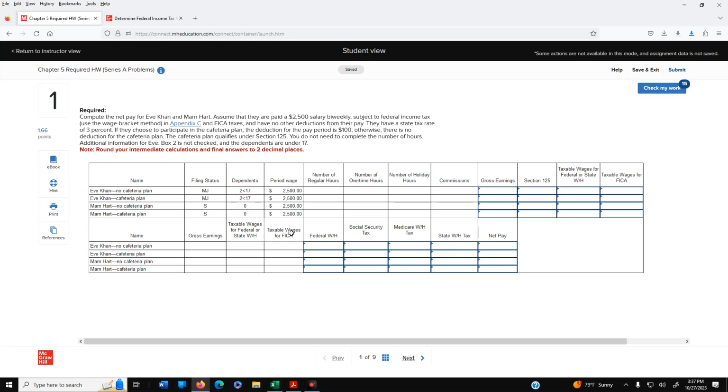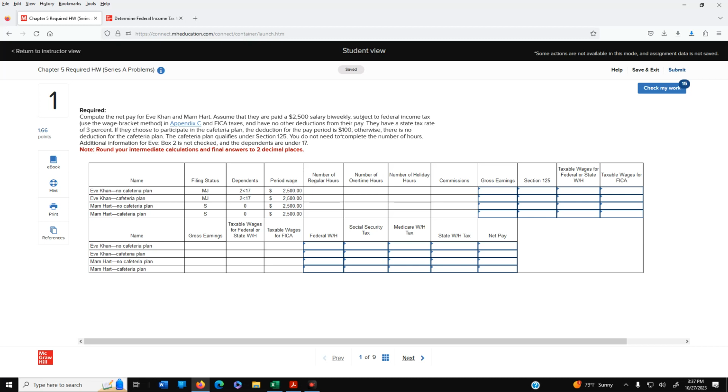Okay, so this was from your required homework, Series A, and they tell you that these are biweekly. They have their state tax rate, and if they choose to participate in the cafeteria plan, the deduction per pay period is 100.